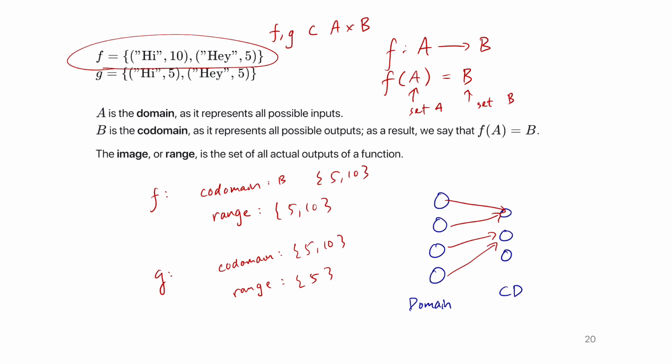Some elements in the codomain might not necessarily have an arrow pointing towards it, but all we care about in the definition of just a pure function is that every circle in the domain has one and exactly one arrow coming out of it.